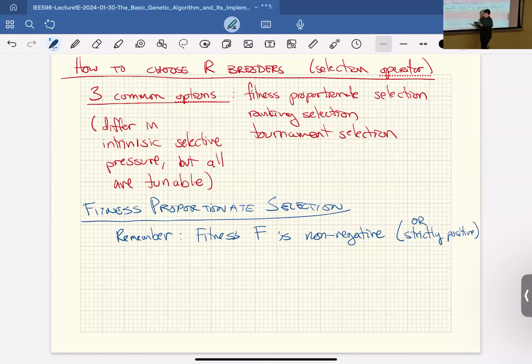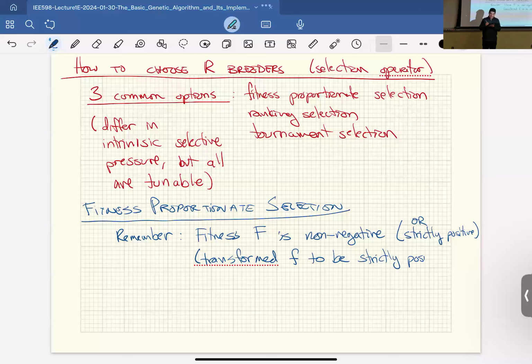So you've transformed your optimization objective to be strictly positive. Does that make sense? Okay.